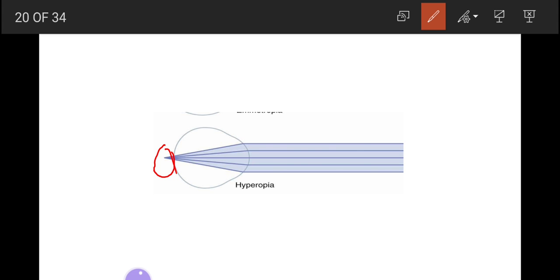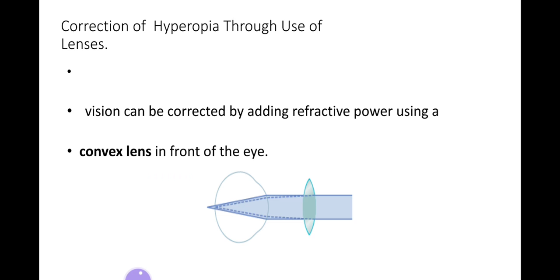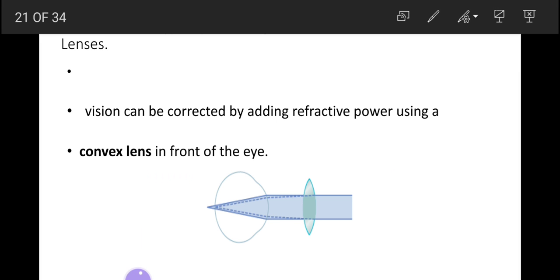It is falling behind the retina. How is it corrected? It is corrected by adding refractive power using a convex lens, so that the convex lens converges the light rays more and images fall directly on the retina.